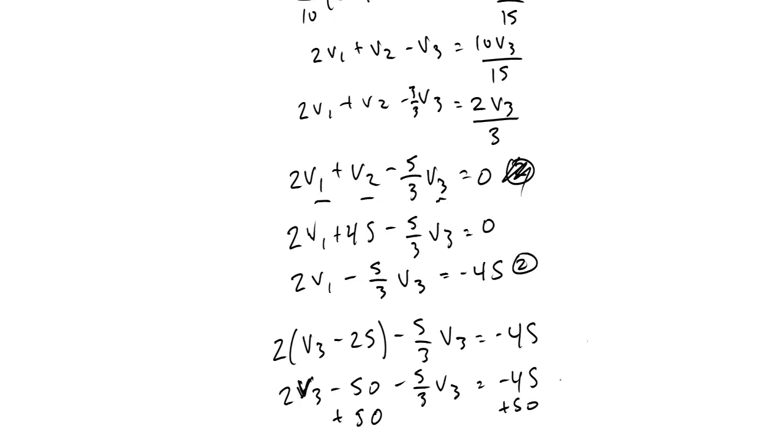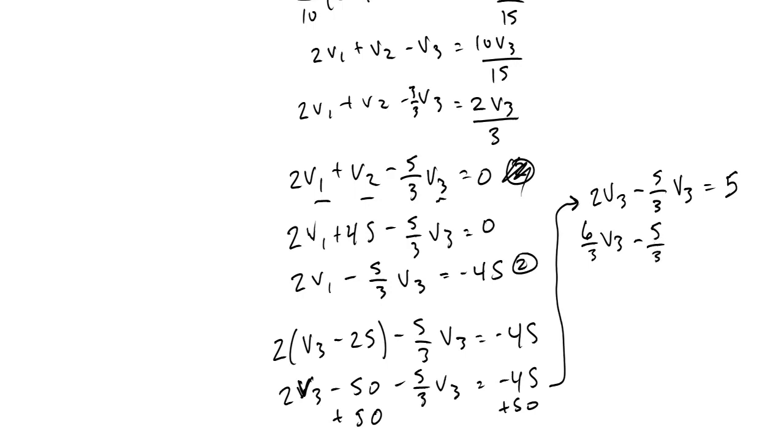Let's bring this up a bit. So we end up with 2V3 minus 5 over 3 V3 equals 5. Alright, we're almost done. Let's combine V3. We can get a common denominator of 6 over 3 V3 minus 5 over 3 V3, because 3 times 2 is 6, and we basically did 3 over 3 there.